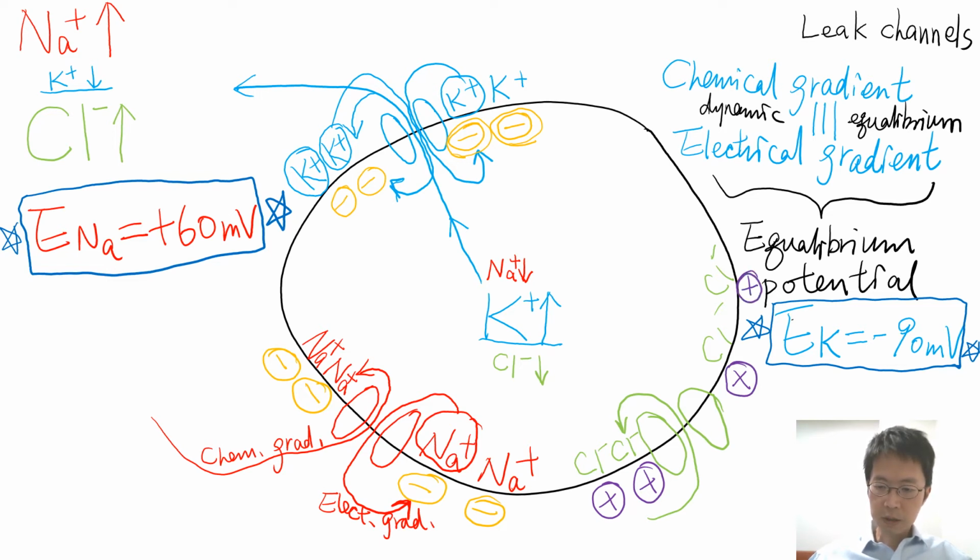In this case, chloride will try to go out to meet with the positive charge, the high school romance analogy. Okay, so as you can see, this is the chemical gradient, and this is the electrical gradient.